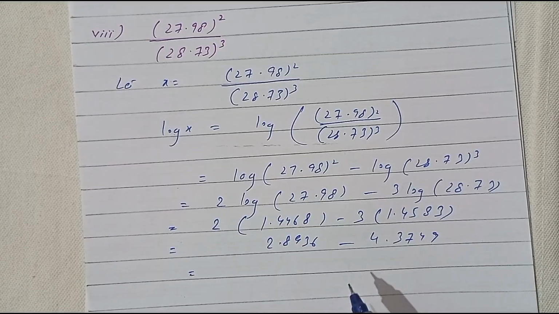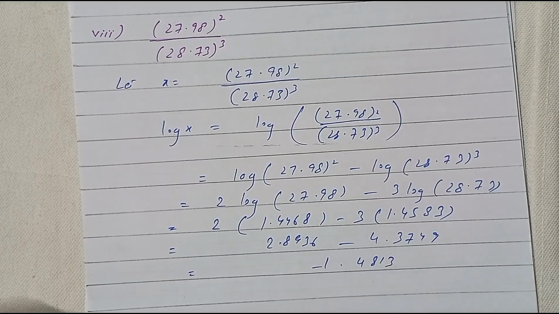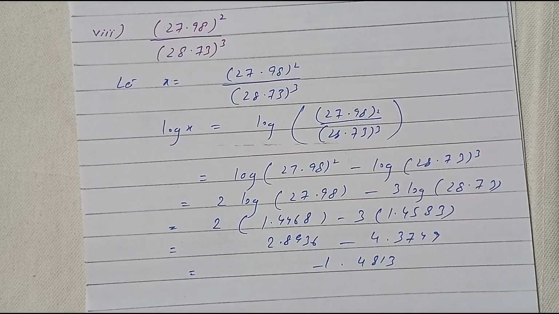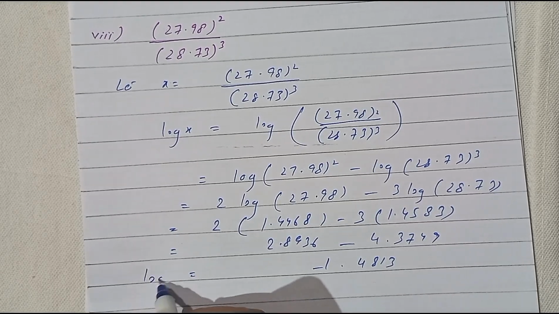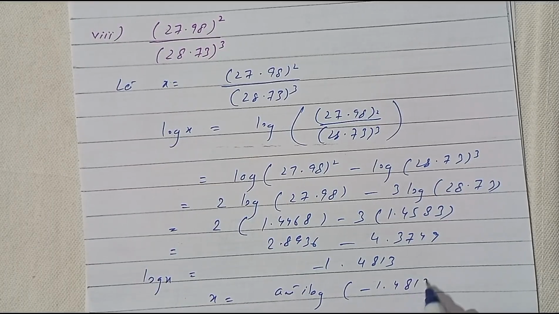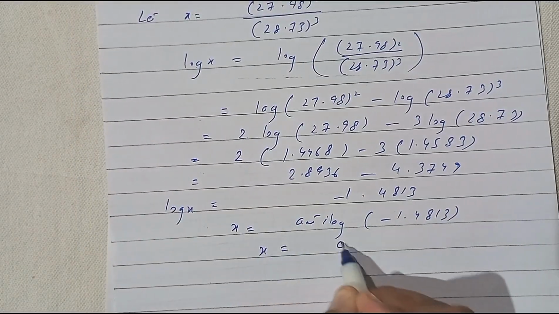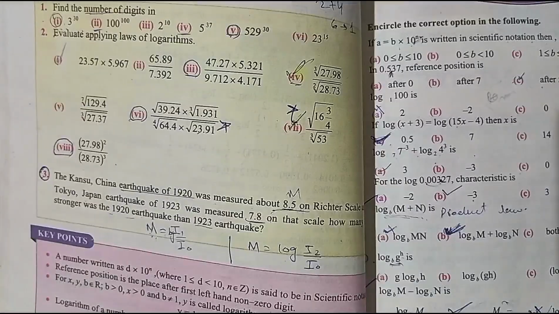Subtracting these two numbers, we get answer minus 1.4813. Now taking anti-log on both sides, we get the value of x as 0.03301, which is the answer.